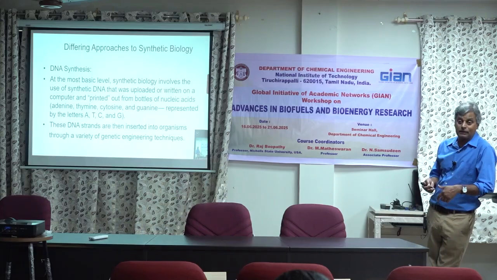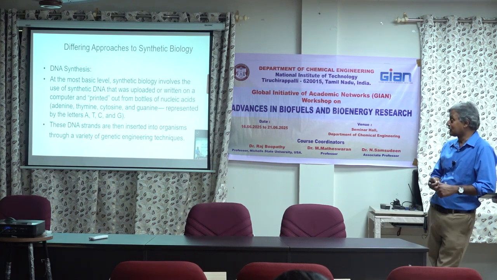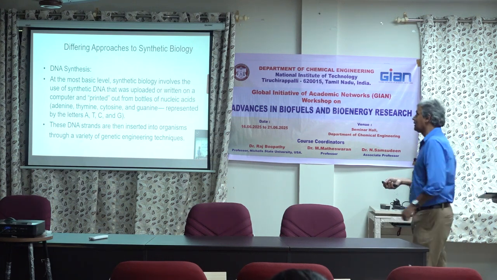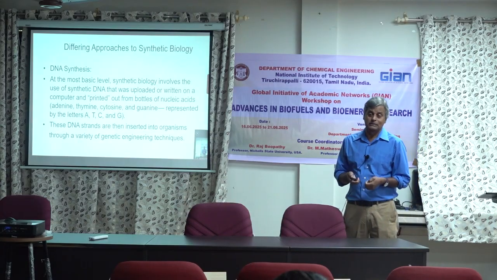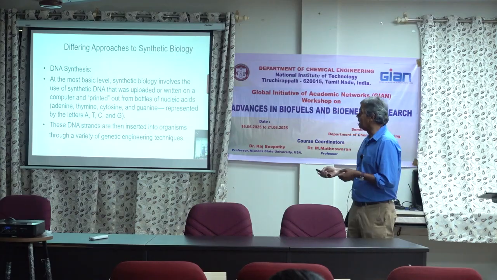These nucleic acid codes are the 4 codes we talked about: adenine, thymine, cytosine, guanine, the ATCG, and you put them in a bottle in a designer way. You design them yourself. Okay, so these DNA strands are then inserted into organisms through a variety of genetic engineering techniques to create whatever you need.